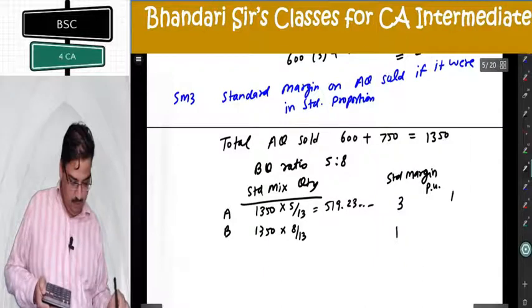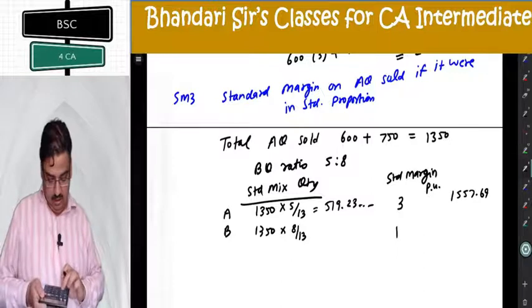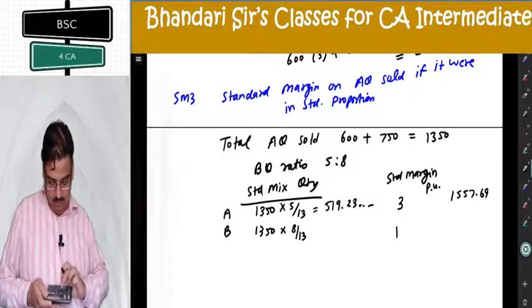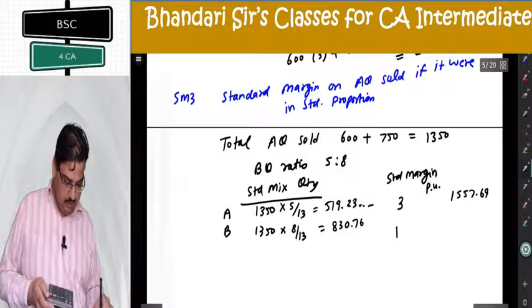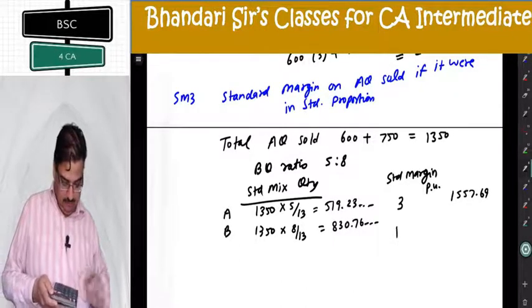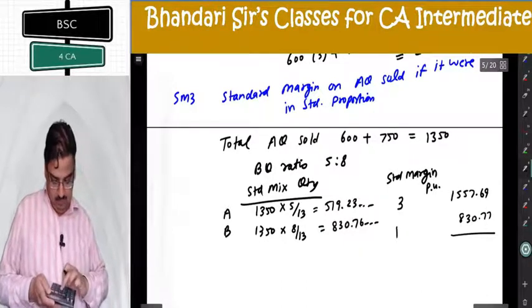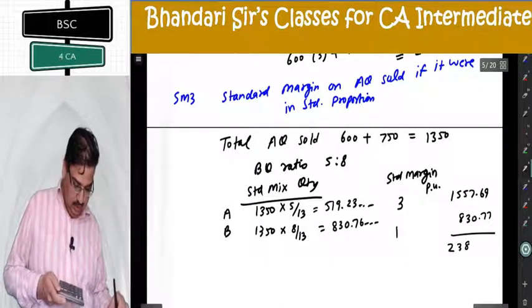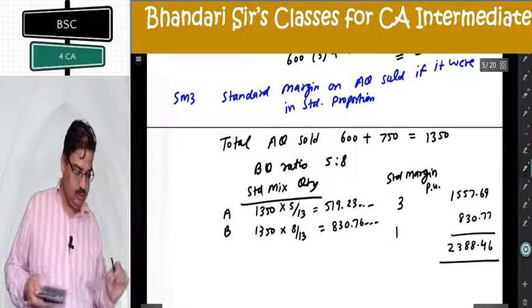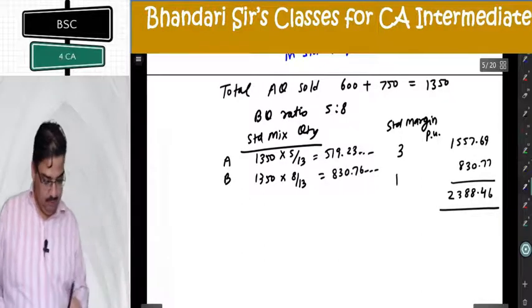I'm getting 1557.69. 1350 into 8 divided by 13. 830.76 and so on, into 1. 830.77 plus 1557.69, 2388.46. This is what I am getting. SM3.